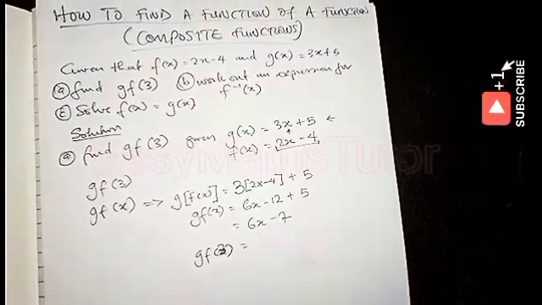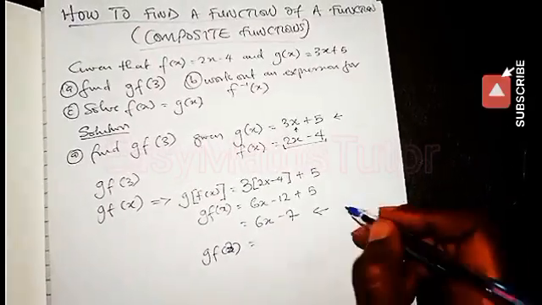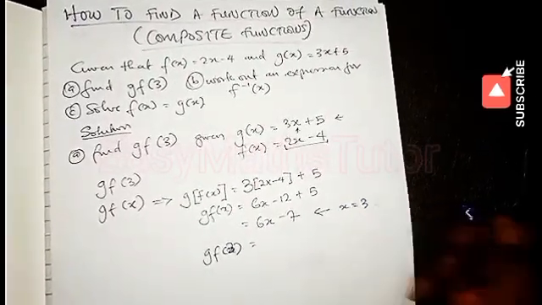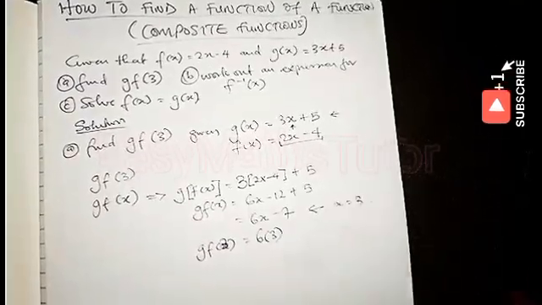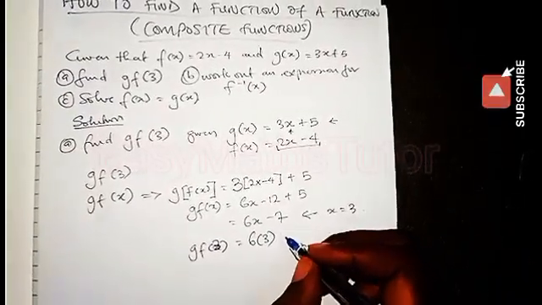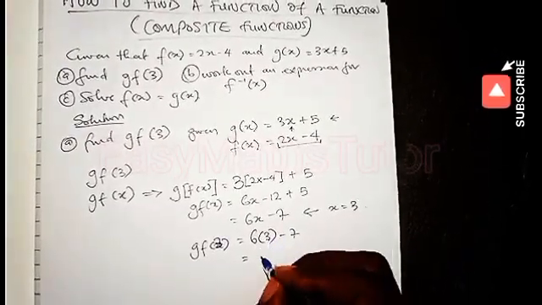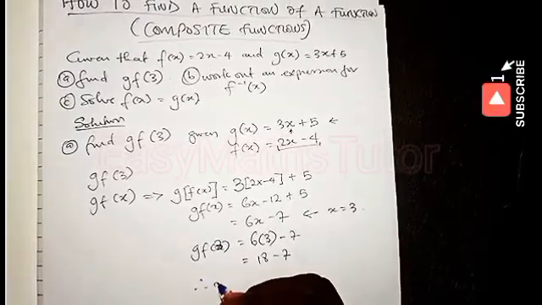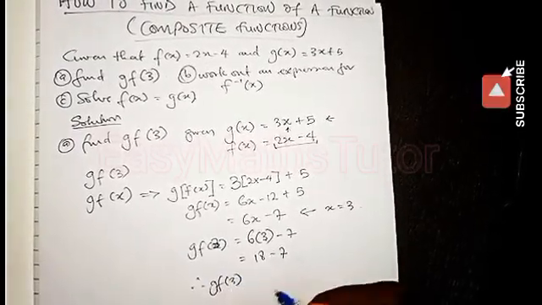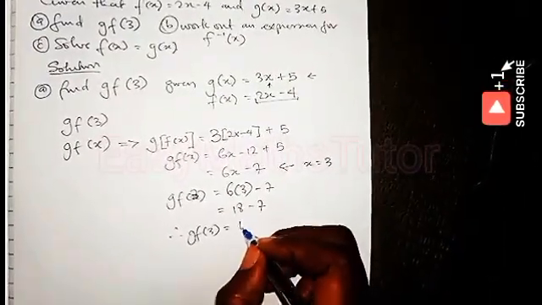That means we're going to find this function when x is equal to 3. So write 3 anywhere we find x: 6 times 3 is 18, minus 7. Therefore, g of f of 3 is equal to 11.